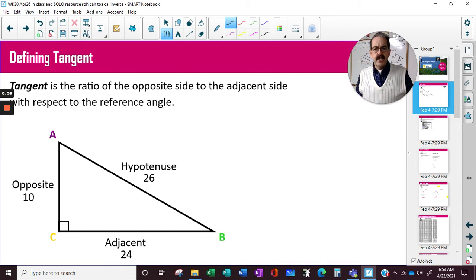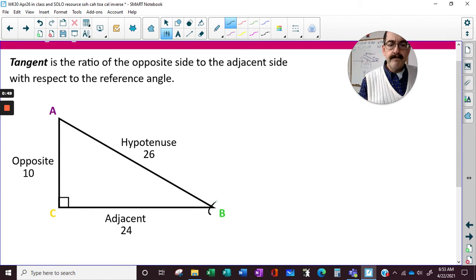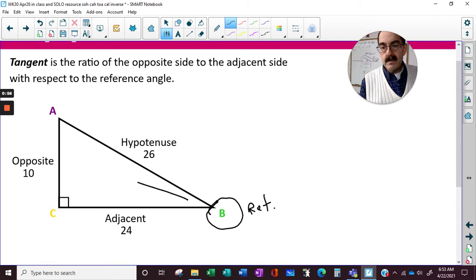The tangent is the ratio of the opposite side to the adjacent side with respect to the reference angle. Okay, so let's just do that real quick here. And in this case, we'll call B the reference. All right, so if that's our reference angle, there's the OPP. Across from the 90 is always the HYP.